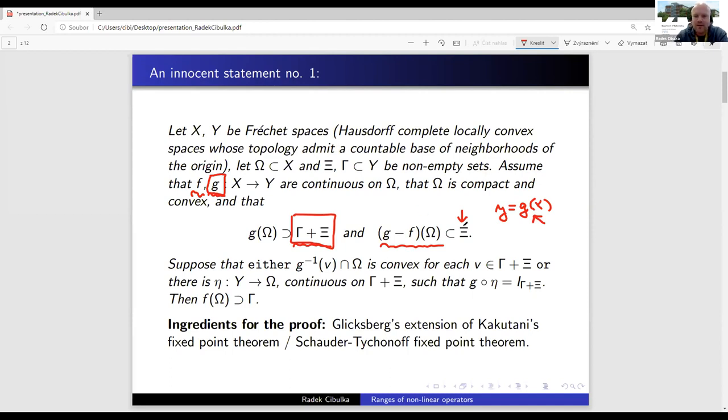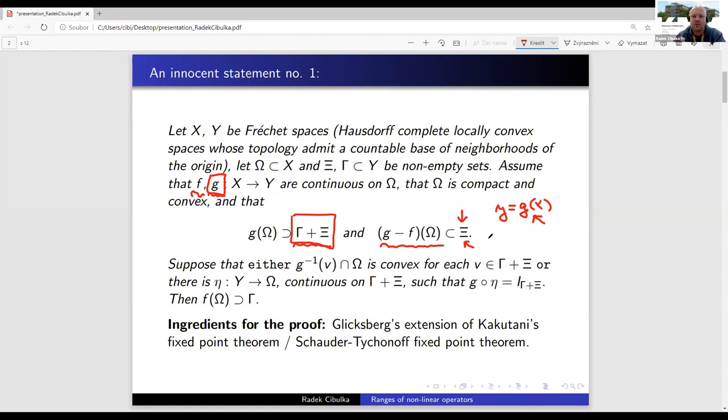So here this can be something like the order of the approximation or something like this. So I can view this as the case that G approximates my F.